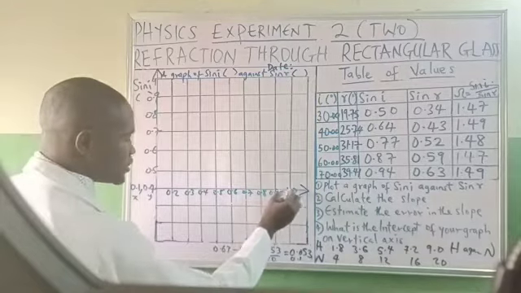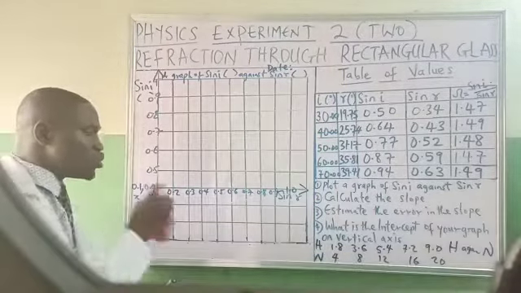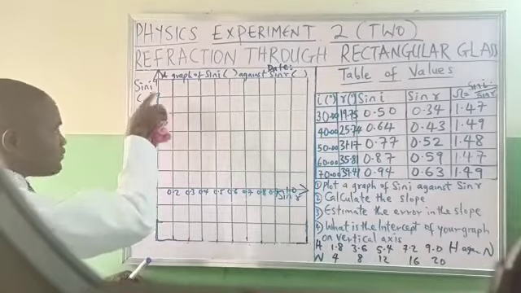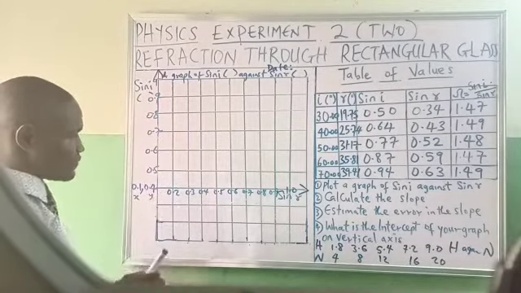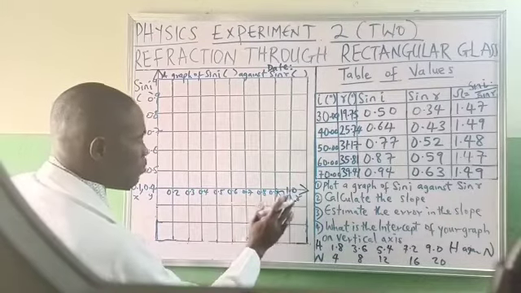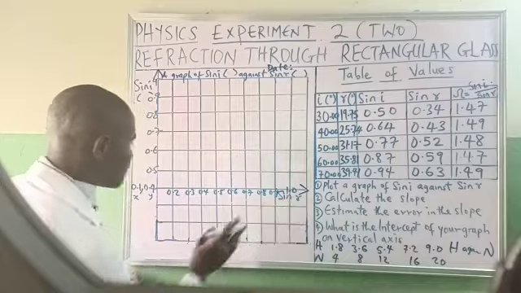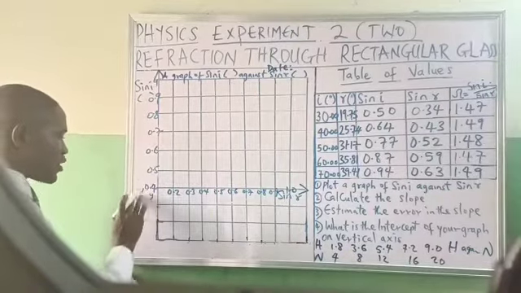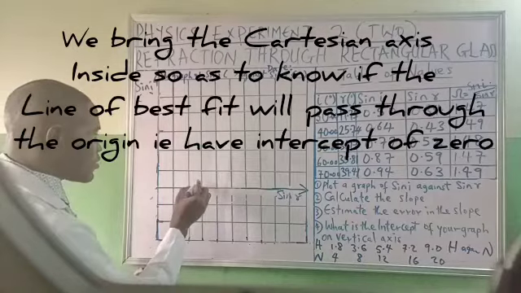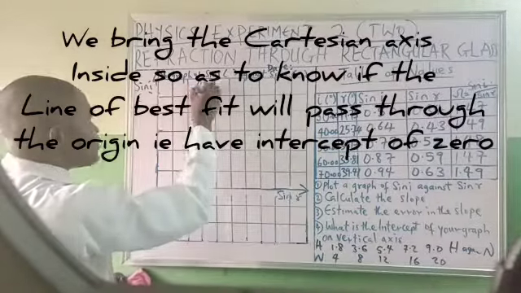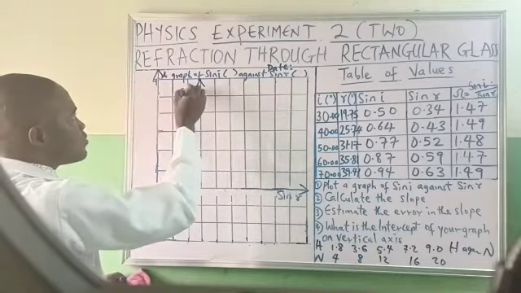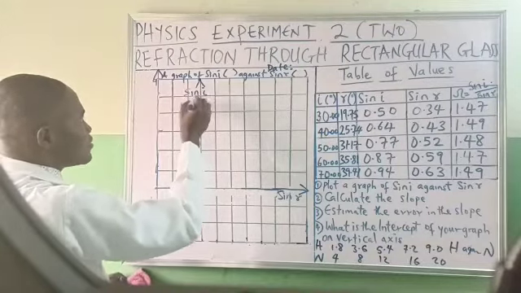Then 1.0. I want to let you know that I can shift this vertical axis inside, so that there will not be much space left here. I can say, okay, bringing it inside here, I will have my axis to be here. Here to be sine what? I, no unit.